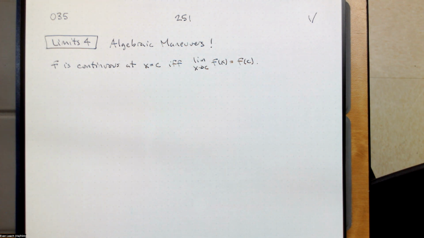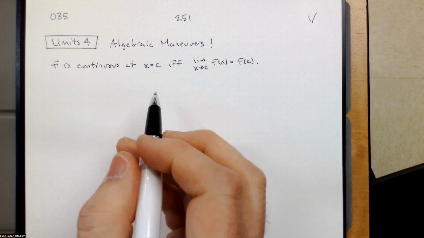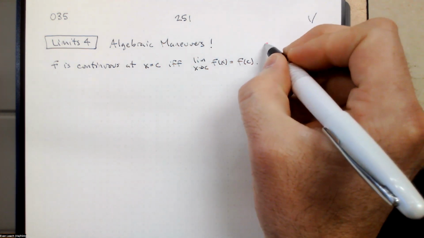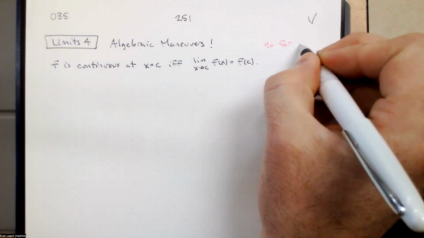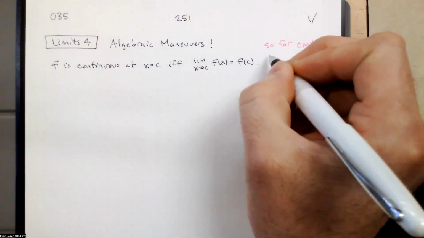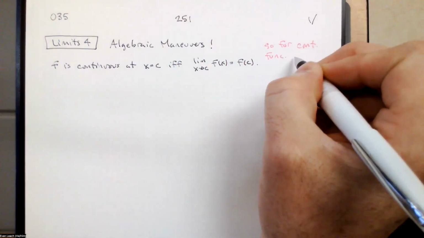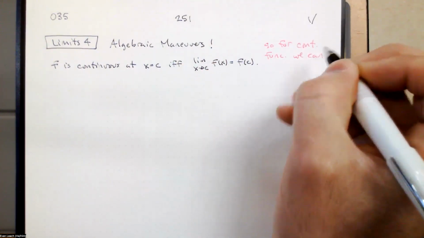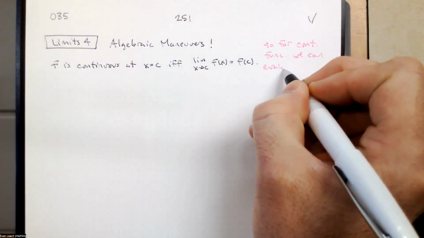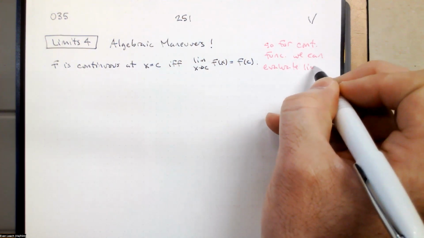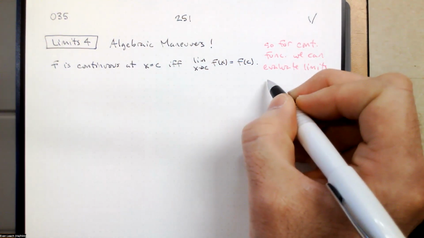What this means is that for a continuous function, we can evaluate a limit by just plugging in the point. That's what we want to observe now. So if a function is continuous at a point, we can evaluate limits by plugging in.